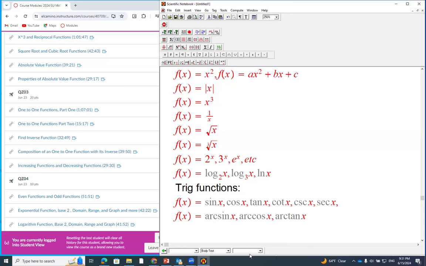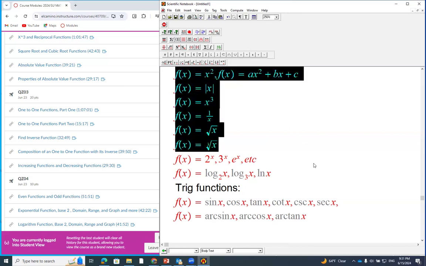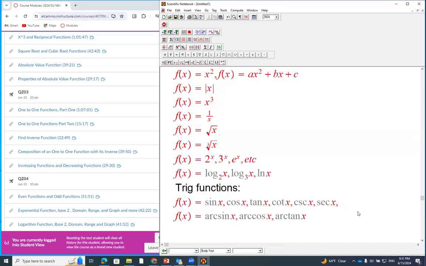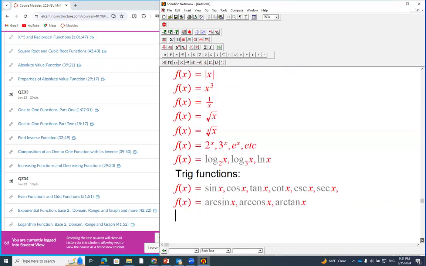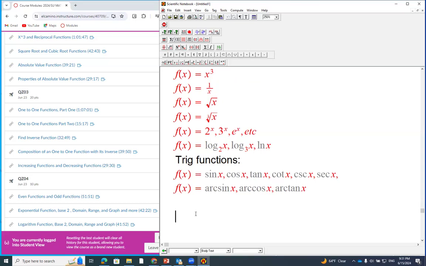And composition. After we study all of these simple functions, the next part we're going to study is what if we add functions and subtract functions? For example, f plus g, f minus g, f multiplied by g, and f divided by g.